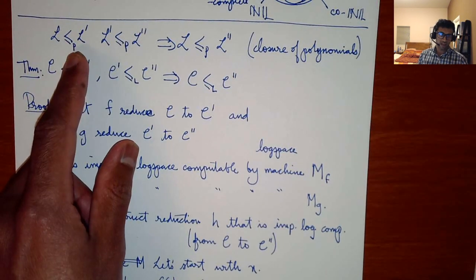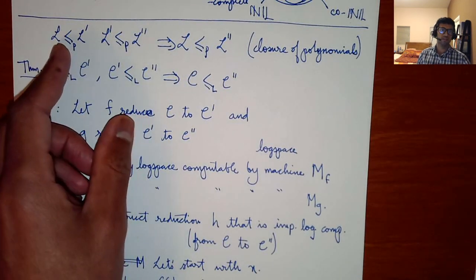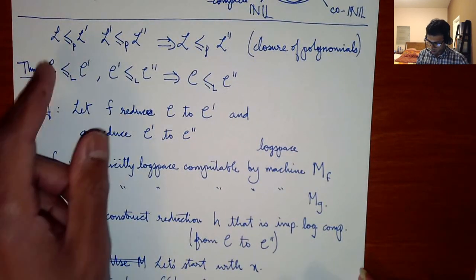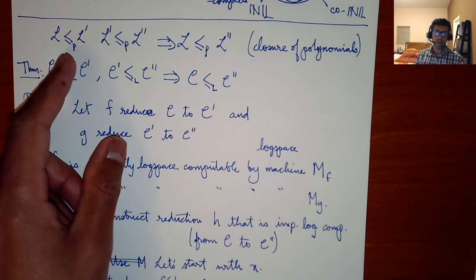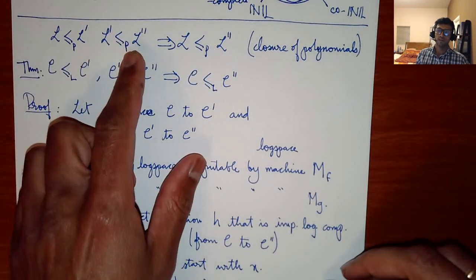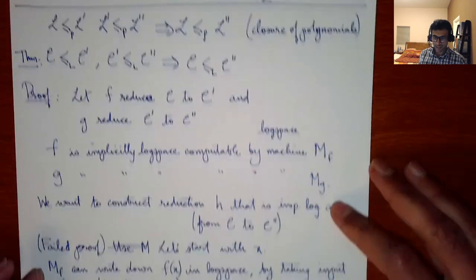So I know that there is an algorithm that takes an instance and converts yes instances in L to yes instances in L prime and vice versa. And so I just run that reduction. It's a polynomial time machine. It's going to take some instance and produce some output. Then I take the next polynomial time machine and run it on that output to get the final output. I'm just going to use the same logic here.